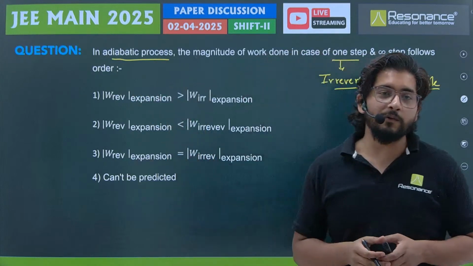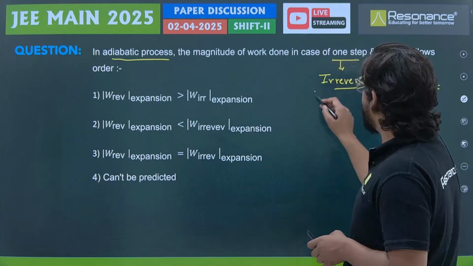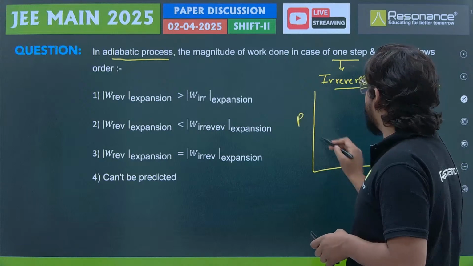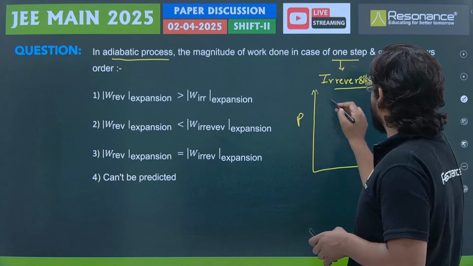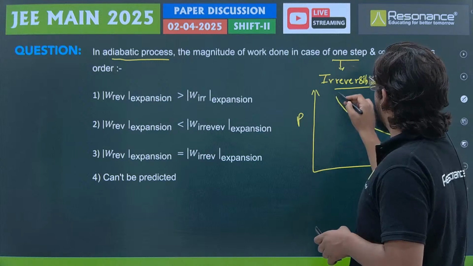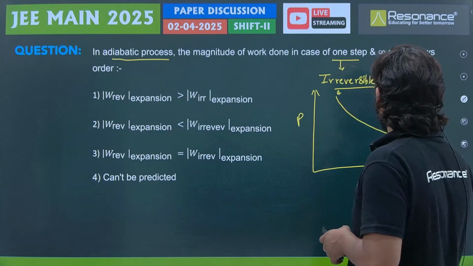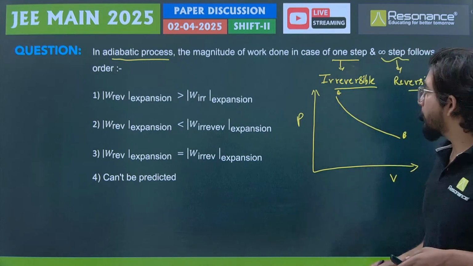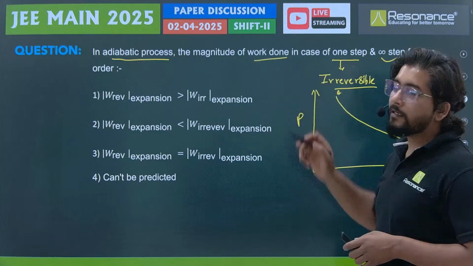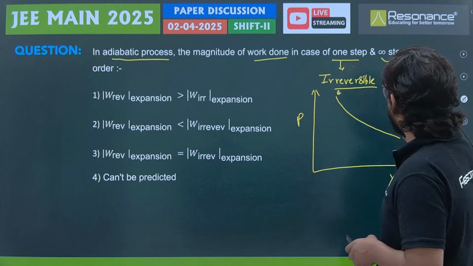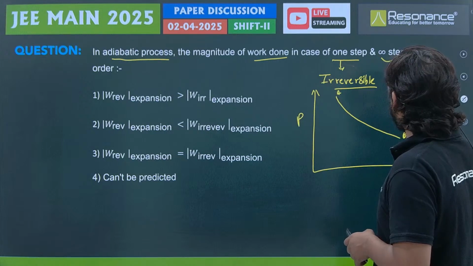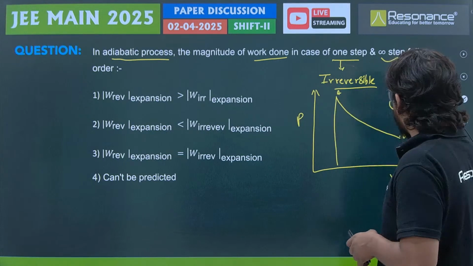In the adiabatic process, if we consider a PV diagram, and we consider a point going from A to B, what is work done? Area under the curve. So it is the case of reversible. In the case of reversible, the area under the curve is this.